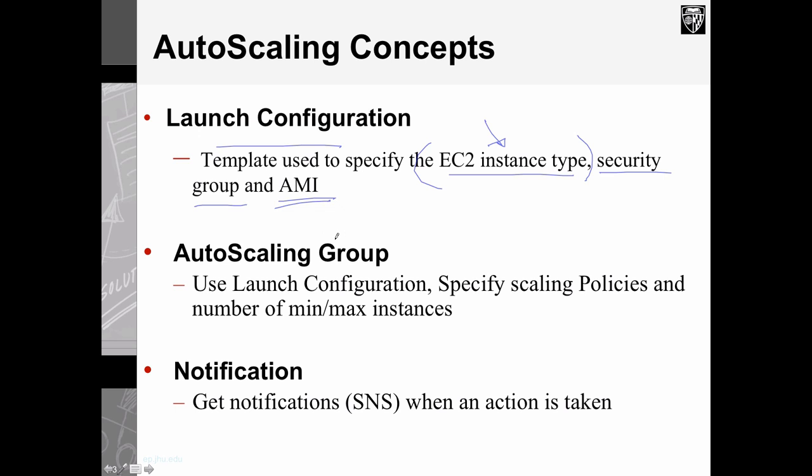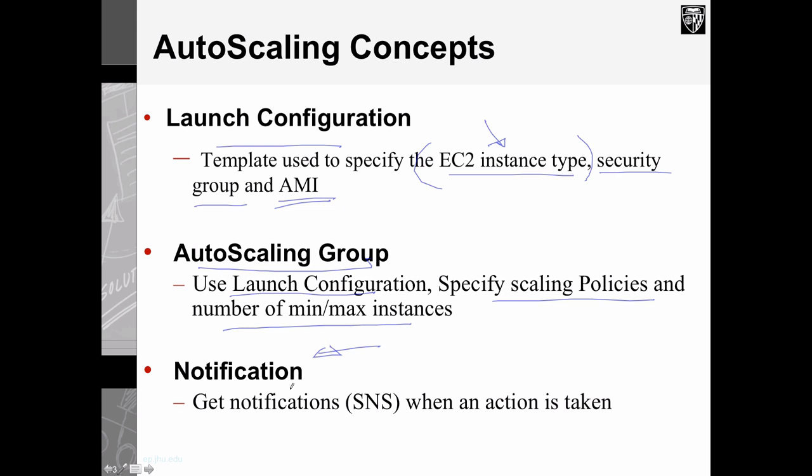The next step in the process is we have to create an autoscaling group, which essentially uses the launch configuration we created in the prior step. In addition, it specifies the scaling policies that we talked about in the previous slide, the scale up policy and the scale down policy. And you can also specify the minimum or maximum instances that we need for the autoscaling group.